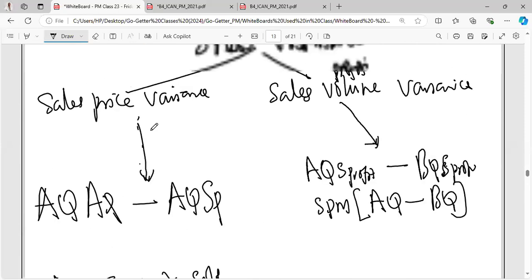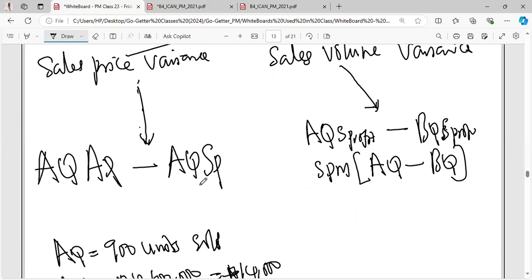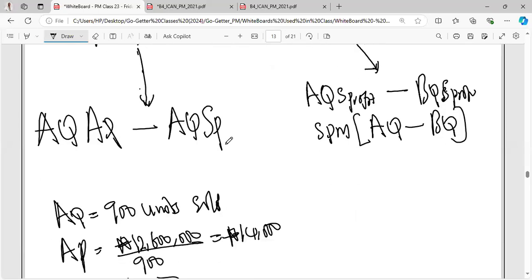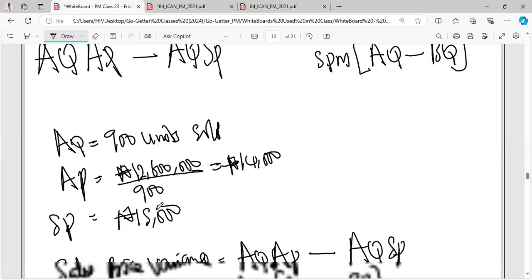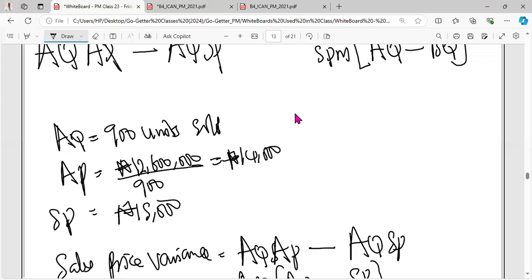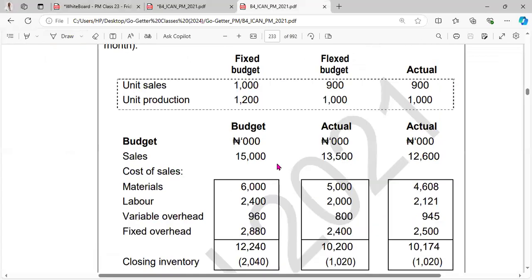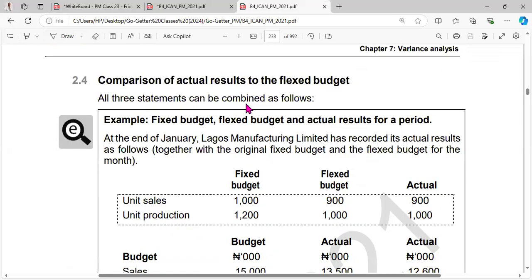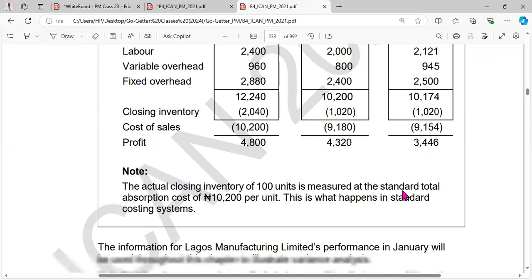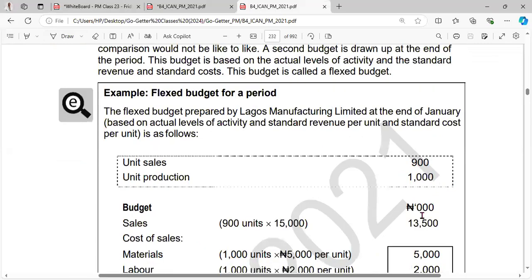In the case of the price, we are looking at actual quantity sold, then the actual price and the standard price. The actual price here is 14, standard price is 15 from the fixed budget. We are not even looking at this flexed budget here. So we are looking at actual quantity, this price versus this sales. What is the price here? Of course, from our cost card, this is flexed price.